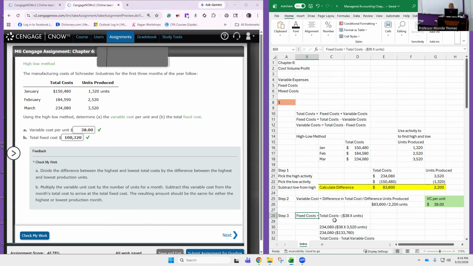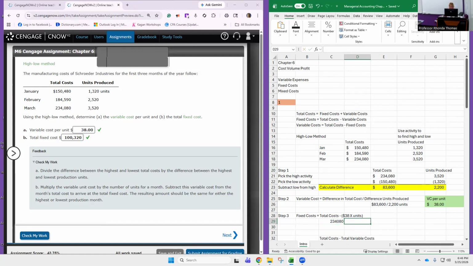So if fixed costs equal total costs minus this $38 times the number of units, right? This is kind of an equation that we're getting started. So then you plug in, just stay with the highest. So the highest total cost, all right? Let me put this down. I'm going to redo this. Okay, the total cost here is $234,080.